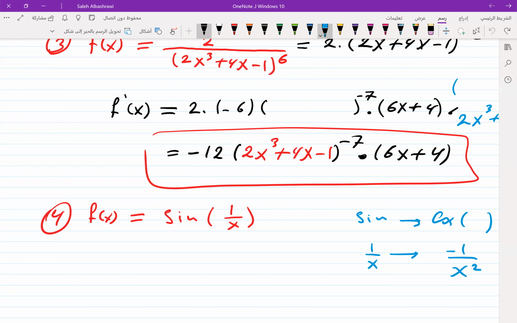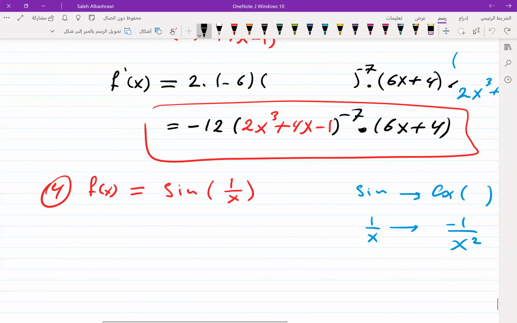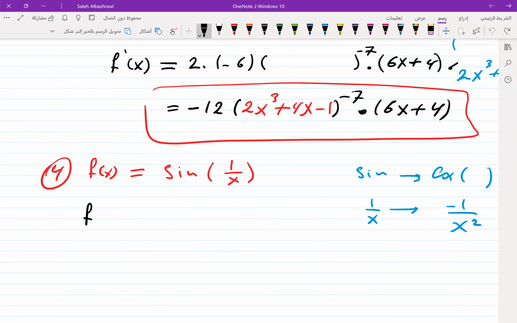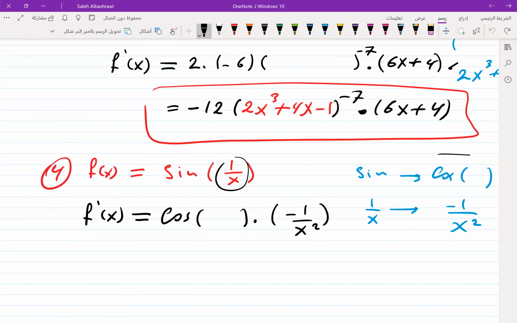So the derivative of f(x) now is equal to cosine, the derivative of sine, of the angle. We have to keep the angle, multiplied by the derivative of what is inside the bracket, the derivative of the angle, which is minus 1 over x squared. The multiplication of these two.